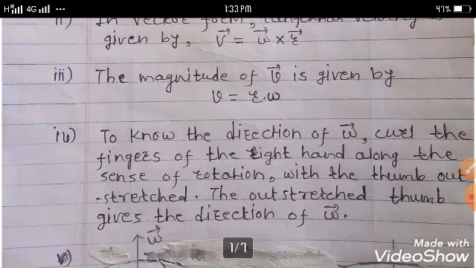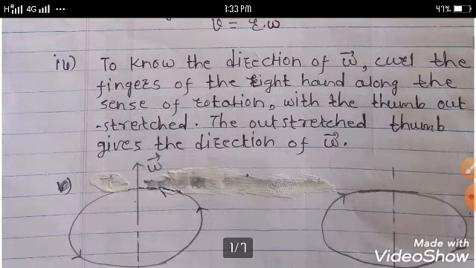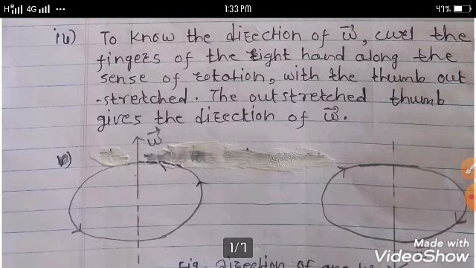Next point, to know the direction of omega, curl the fingers of the right hand along the sense of rotation with the thumb outstretched. The outstretched thumb gives the direction of omega. See these two diagrams.